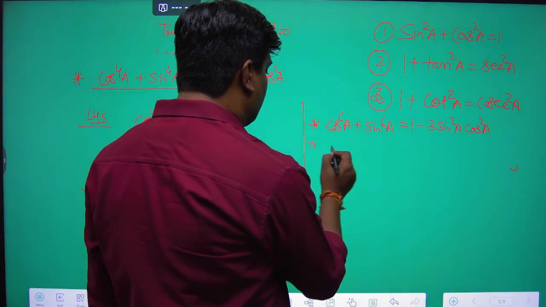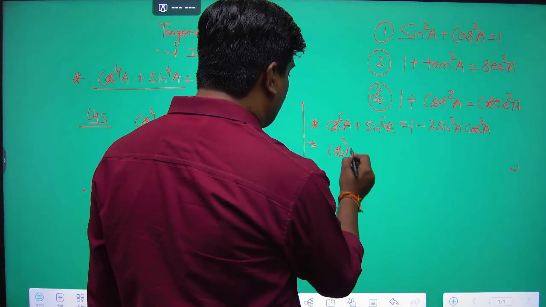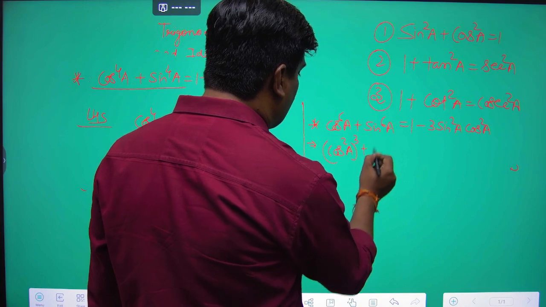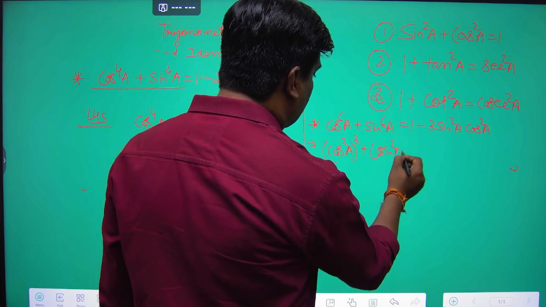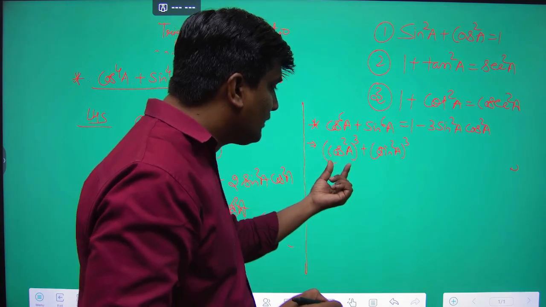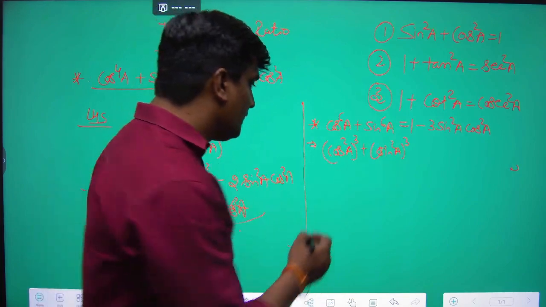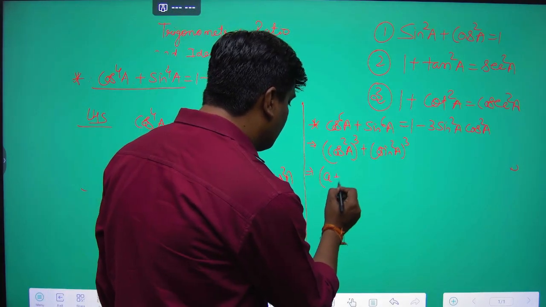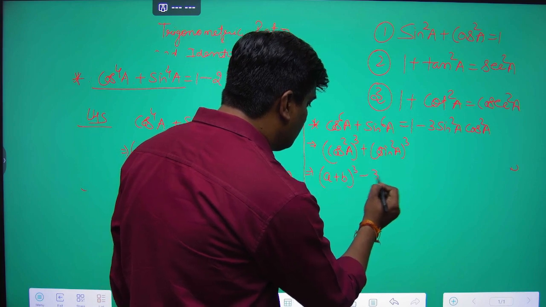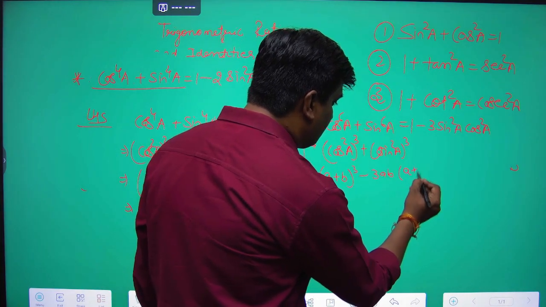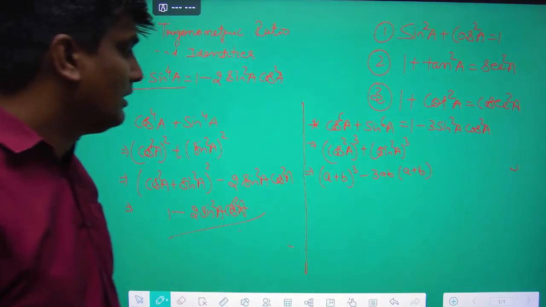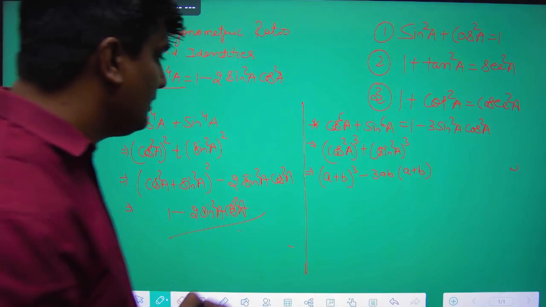Now we can say that (cos square a) whole cube plus (sine square a) whole cube. It means a cube plus b cube. Now a cube plus b cube is (a plus b) whole cube minus 3ab(a plus b).